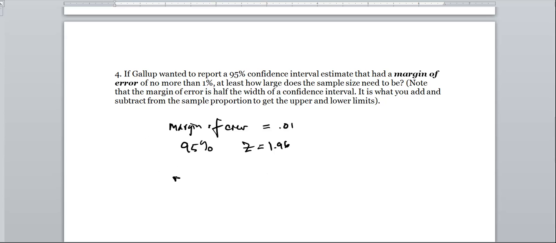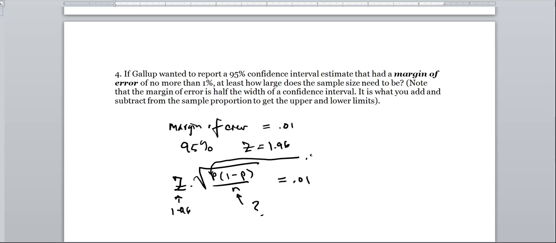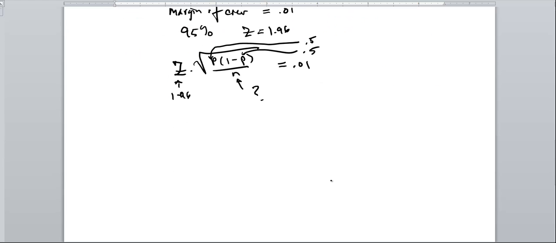Now, my formula for the margin of error is the Z times this value. So this has to be 0.01. We know that this is 1.96. This is what we're after. And I just told you that the most conservative thing to do is to plug in 0.5 here. So given this equation, we see that if I can solve for n, I could get my answer.